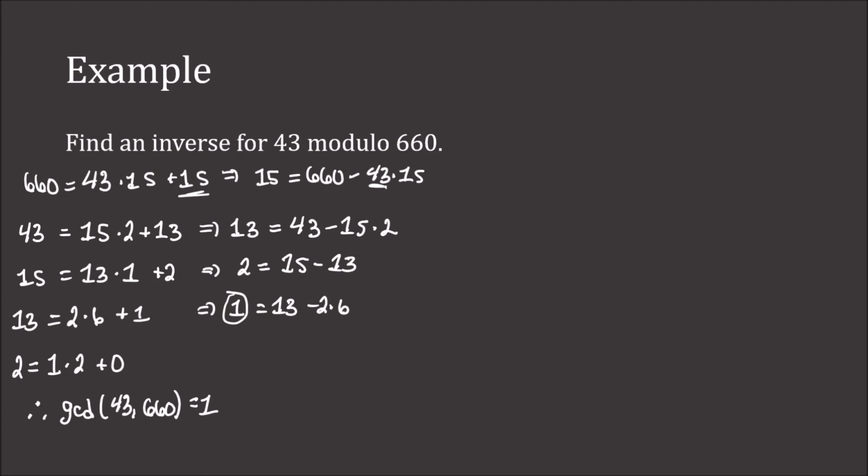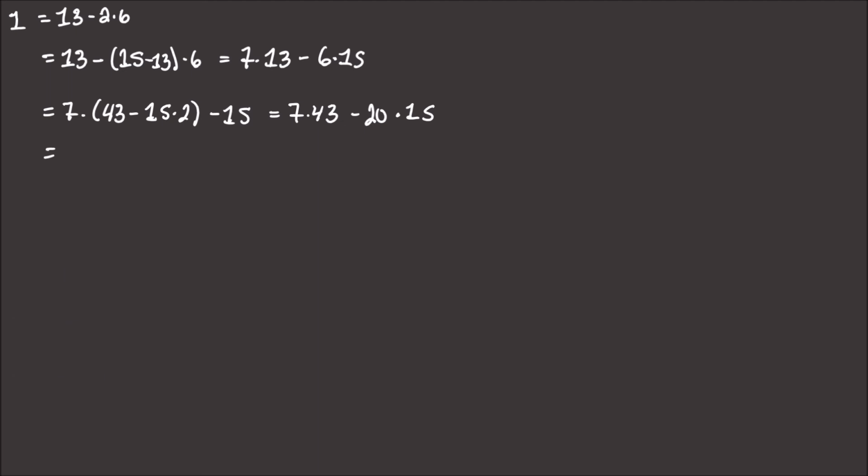Right, so now we come back and we go, well, that took care of 13, so now we want to write 15. So it's 660 minus 43 times 15. So 7 times 43 minus 20 times 660 minus 43 times 15.